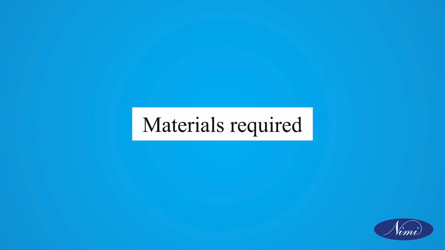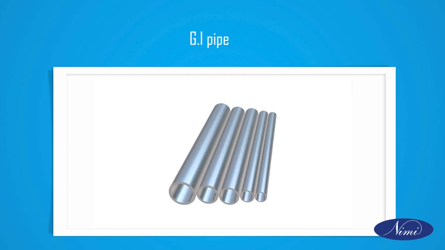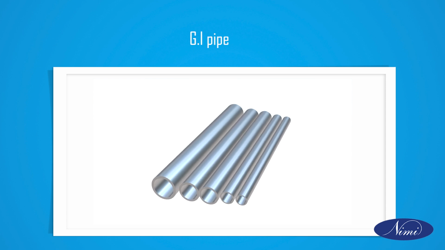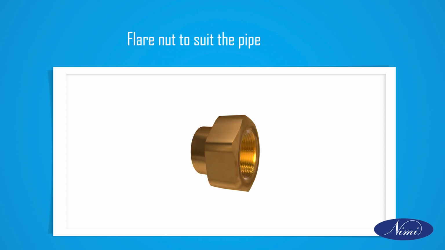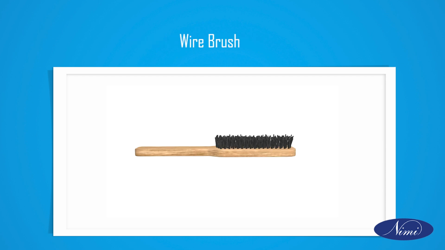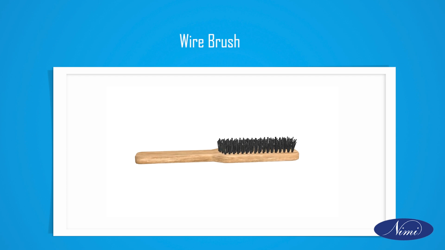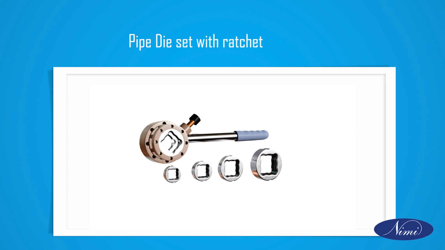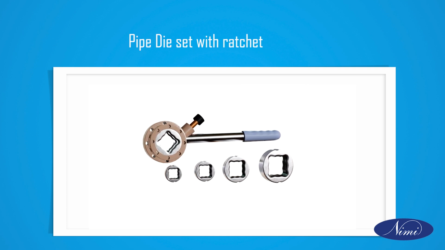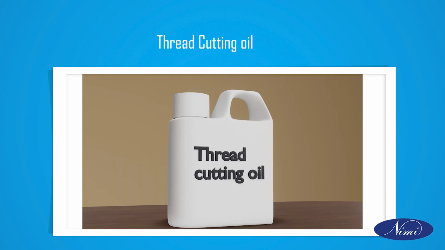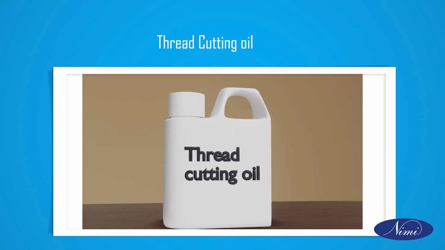Materials required: GI pipe, flare nut to suit the pipe, wire brush, pipe die set with ratchet, thread cutting oil.